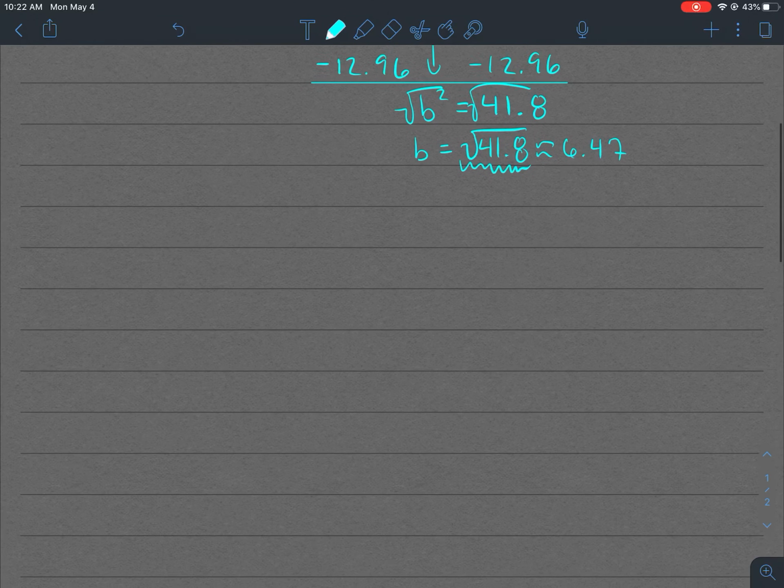Let's do number 16. It says we have another right triangle. Because remember, the Pythagorean theorem only works with the right triangle. Okay, it gives us this side length right here of 3.9.